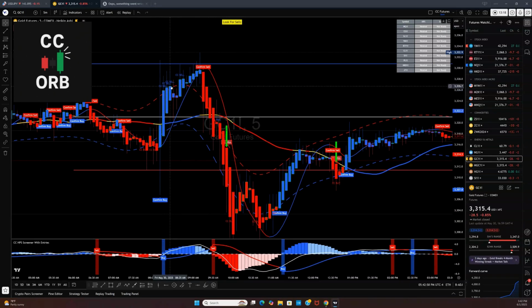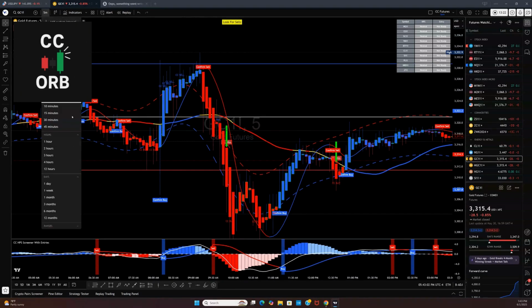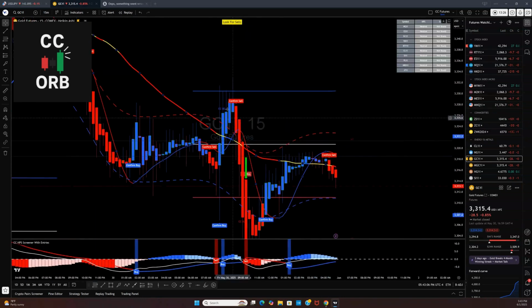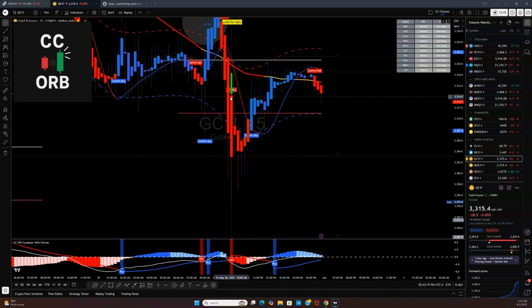Okay, so when I got to the market, I saw all these cheat code sell signals. On the 15-minute time frame, we had a cheat code sell signal here. We'll go ahead and mark it off. That cheat code sell signal. All I did was wait for the confirmation sell. Price sold off. I got another confirmation that we're going to the downside here on gold.